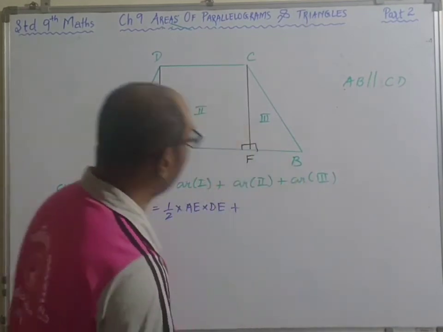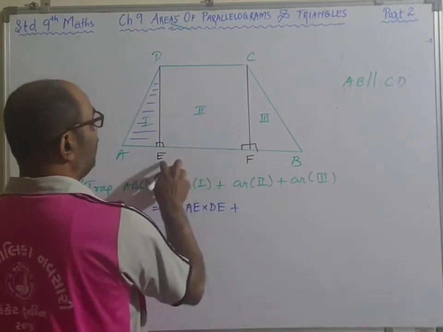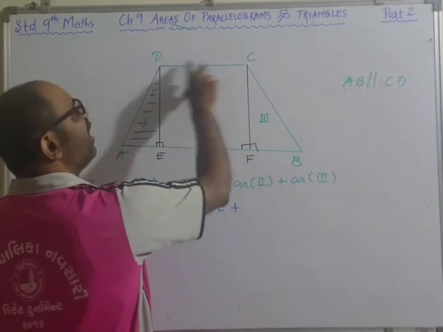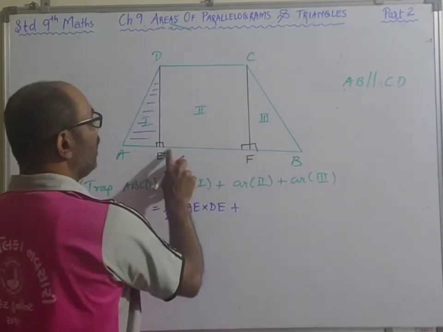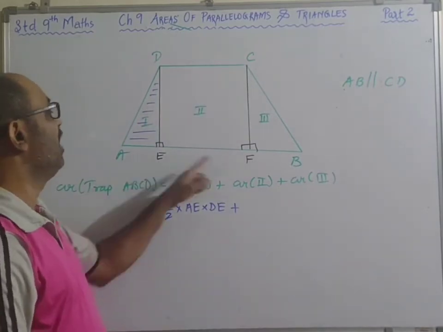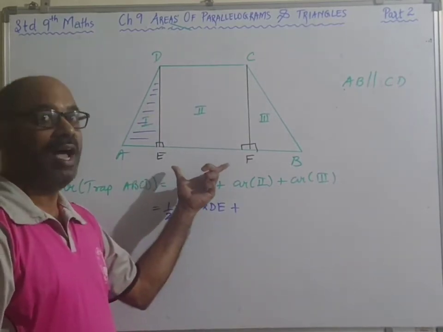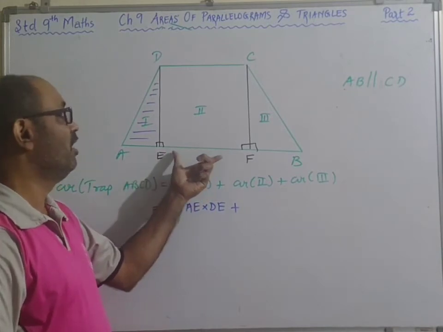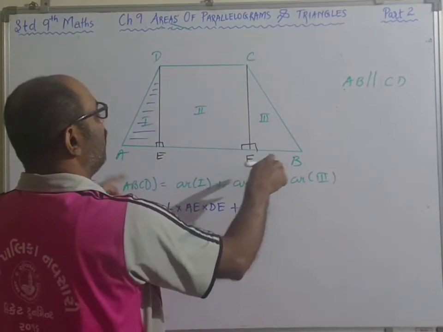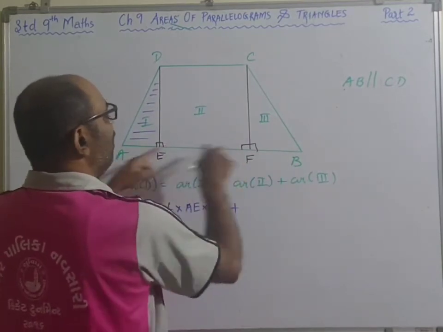Now very interesting. This quadrilateral EFCD. Children, AB is parallel to CD. So you can say EF is parallel to CD. क्योंकि E and F are the points on line AB. Correct, children? So EF is parallel to CD. Now DE and CF, they are perpendicular to same side AB.